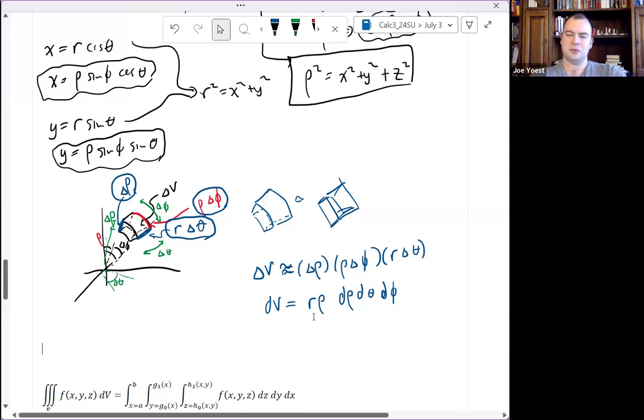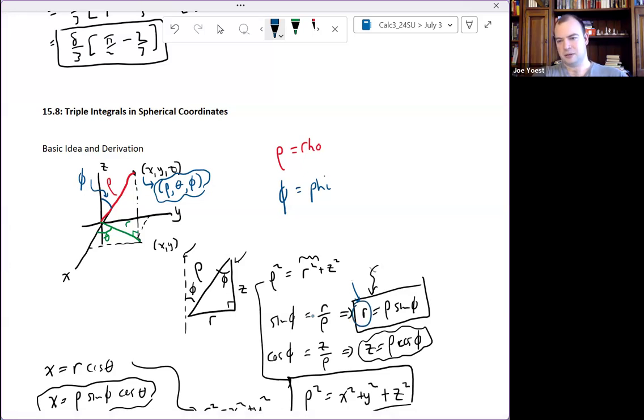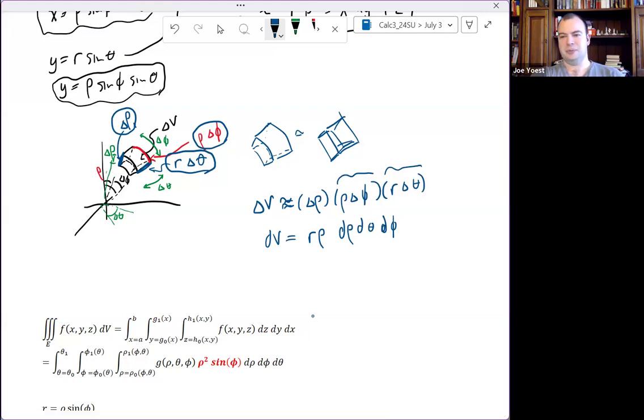So I'm saying r times rho, but remember in spherical coordinates, we don't want r sticking around. We want to describe everything in terms of rho, theta, and phi. So r in this case is rho sine phi. We can really see that we get two polar coordinate type pieces out of here.